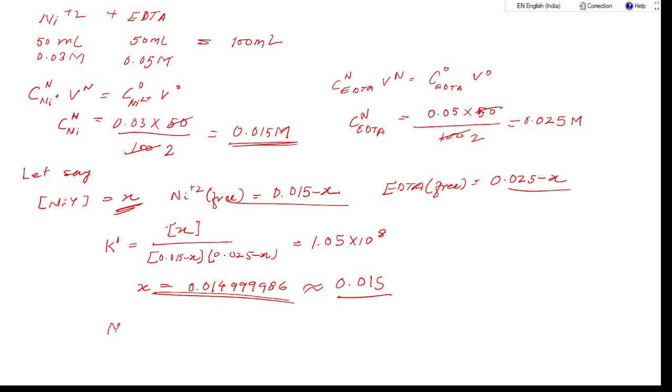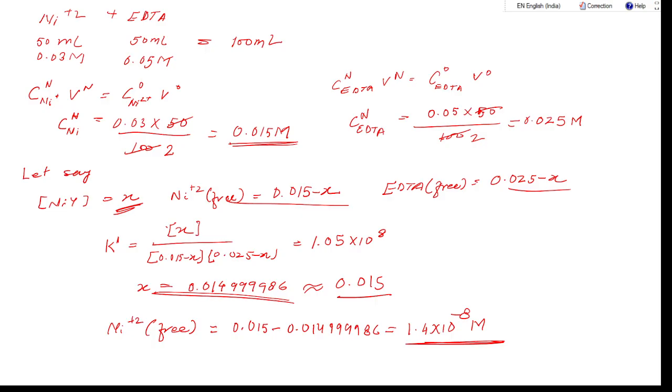So now the concentration of free nickel plus 2 is going to be 0.015 minus 0.0149996, and if you solve this, you will find it is 1.4 into 10 to the power minus 8 molar. So this is the concentration of nickel ion in the solution after forming the complex with the EDTA. So that's what they are asking.